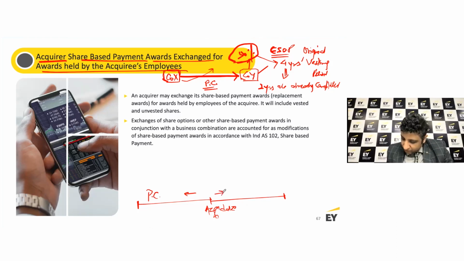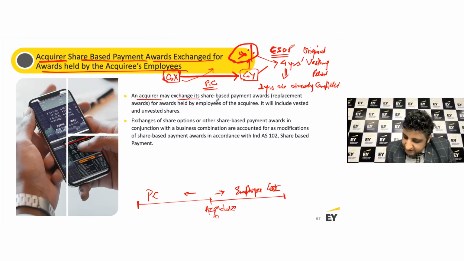And whatever you want to pay by offering them share options in your organization as an acquirer, any period after the acquisition date would be an example of an employee cost. How do we measure it? We're going to talk about that with the help of some examples. But this is the fundamental concept that you should be very, very comfortable with. Okay. And that's what the slide is trying to share.